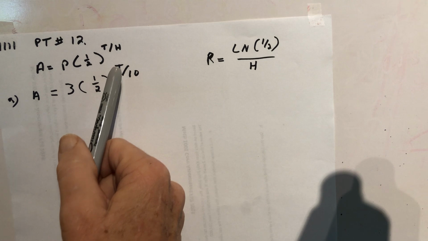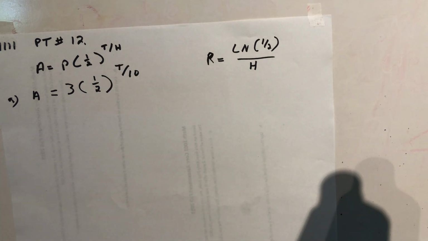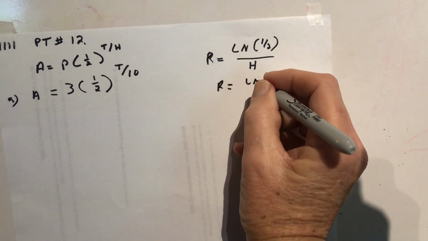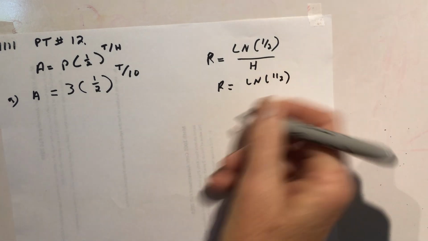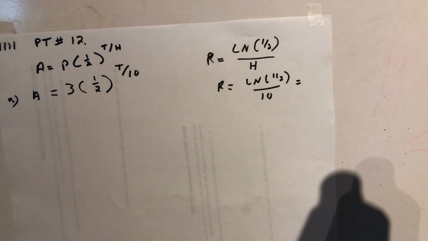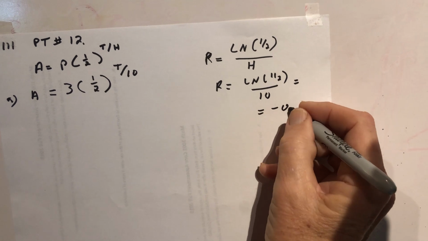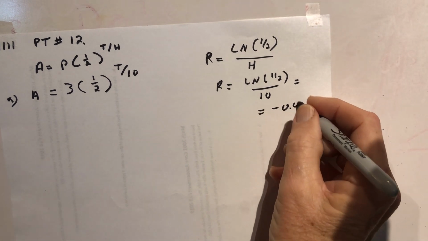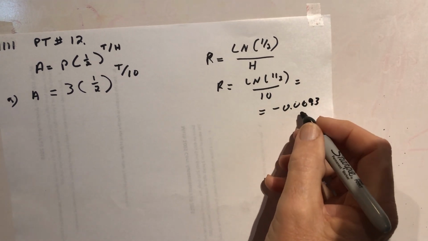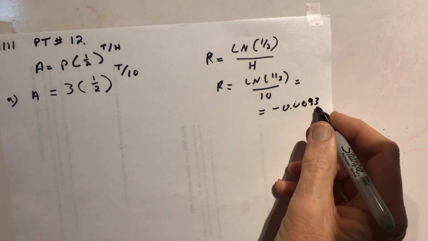So we're going to convert from using half-life to using the PERT formula. We need to know R when you're using PERT. So that's going to be ln of a half over the half-life of 10 seconds. And you should get negative 0.0693.